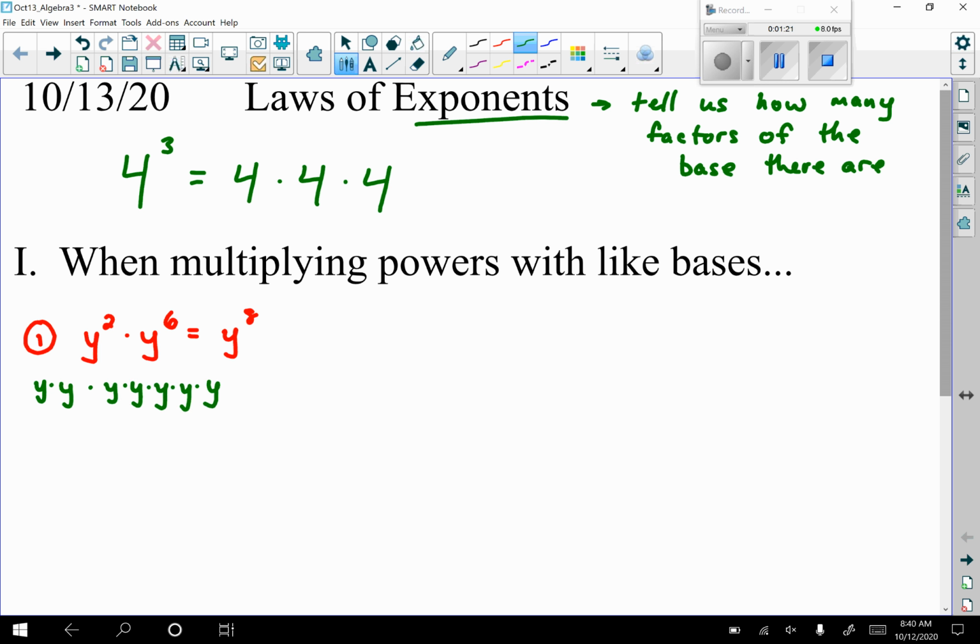So since everything is being multiplied together, now I have a total of 8 factors of y. In other words, we have 2 factors of y times 6 more factors of y, giving us 8 factors of y. So when multiplying powers with like bases, we state the base once and add the exponents.